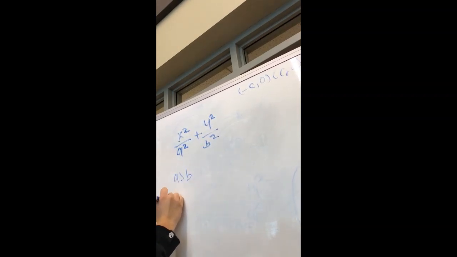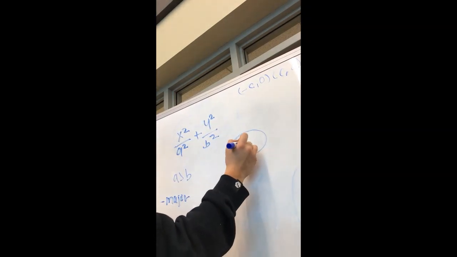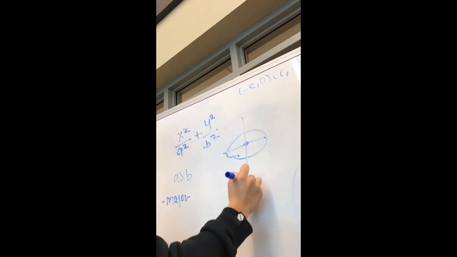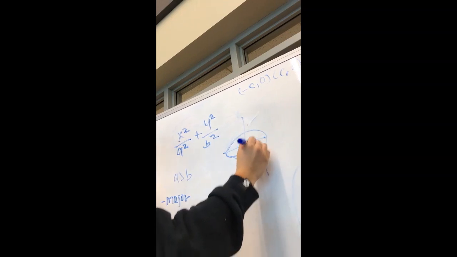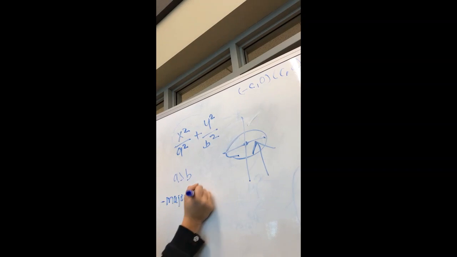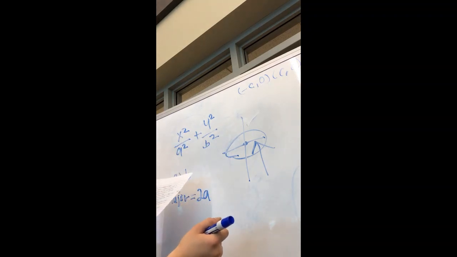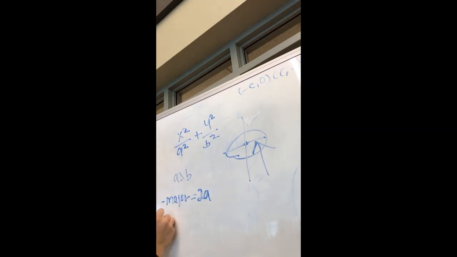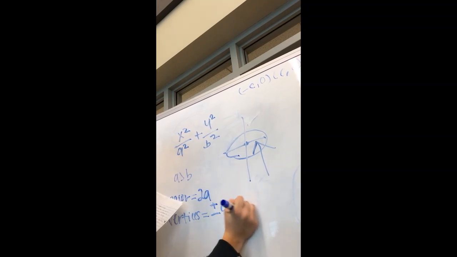The major, to find the length of this, is the longer one, it's like the fat part of the oval. To find this, you just do 2 times a. Not a squared, 2 times regular a. But once again, I'll get to that shortly. The coordinates of the vertices equal plus and minus a, 0.